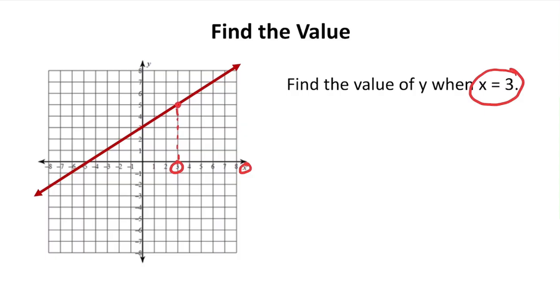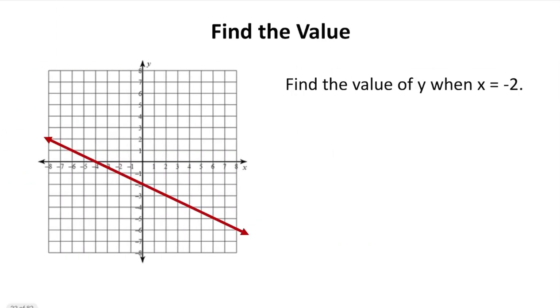Go up until you find where your line is. This is where your line is when x is 3, okay? To find what y is there, just come right over here across and see what it is. Y equals 5 on this one, okay? Pause this one, see if you can do it.